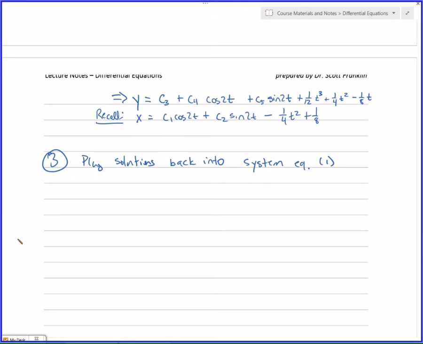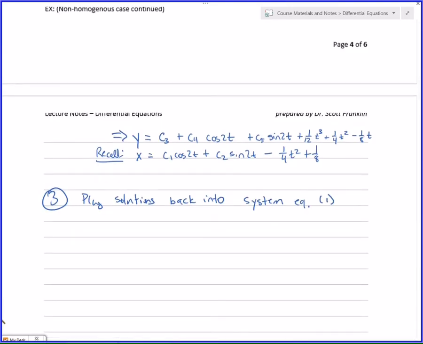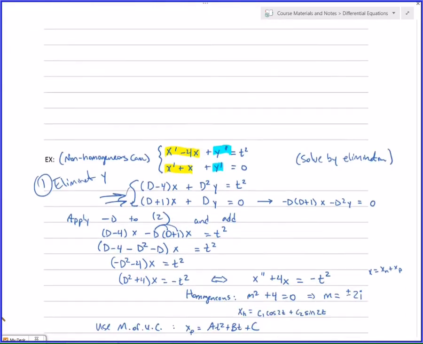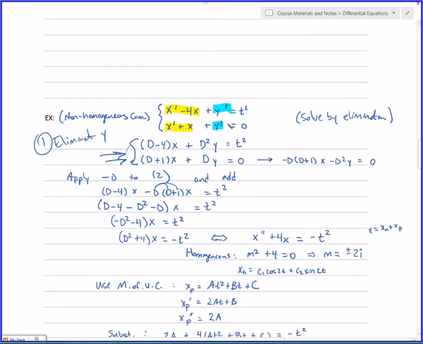Actually, it doesn't matter which one. It's only slightly less work, but this has a second derivative, this has a first derivative. Let's do the second one since it's just one less step.